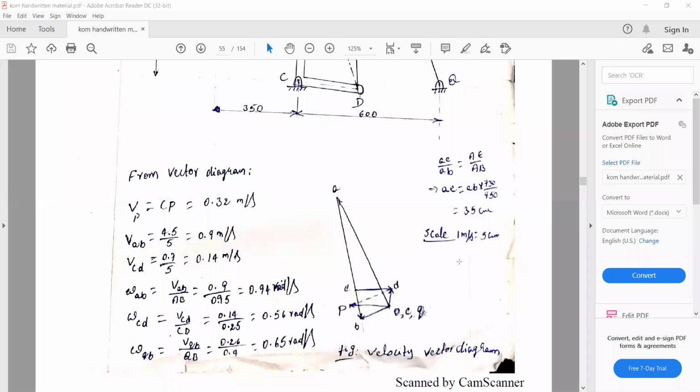When we find VA, then we have to draw the velocity vector diagram. First take one horizontal line and choose a point.